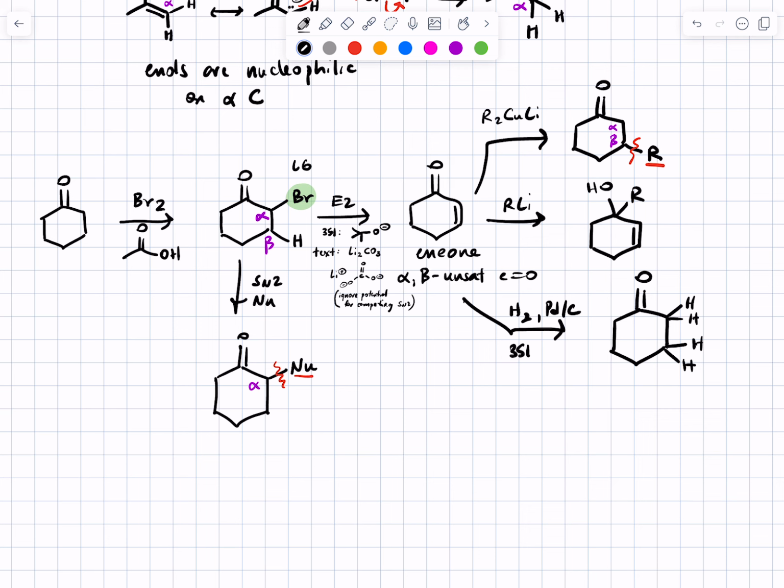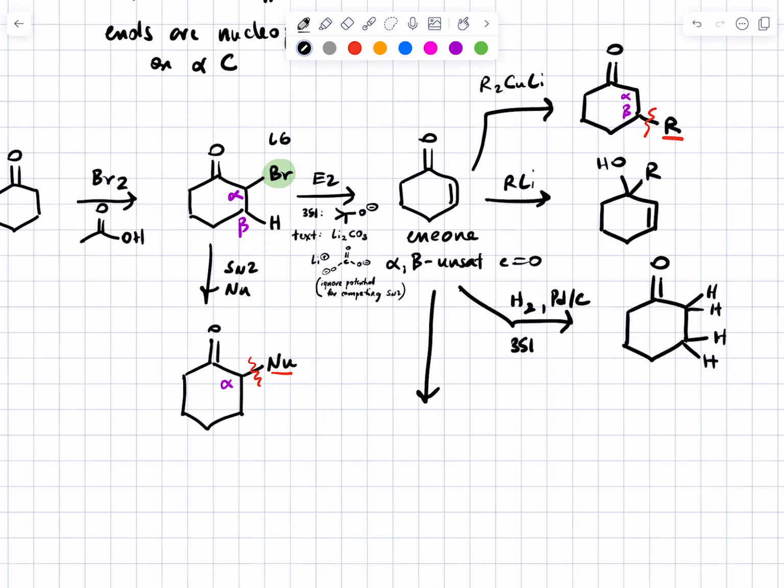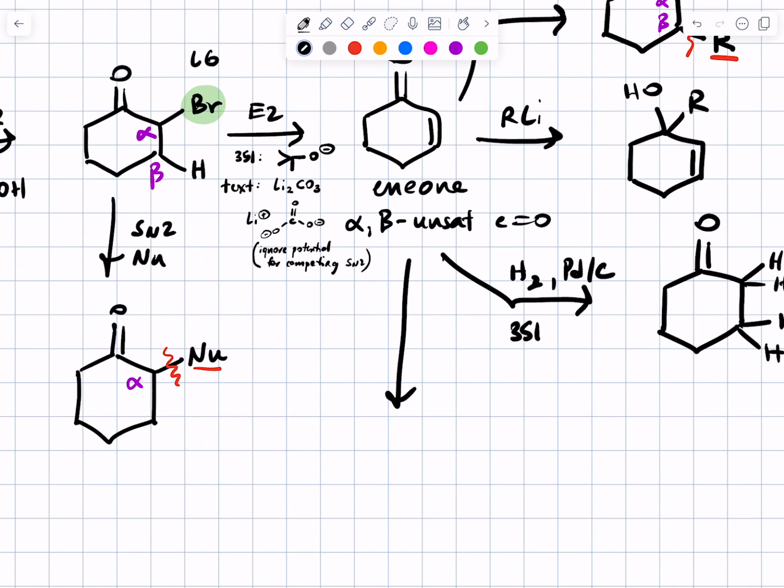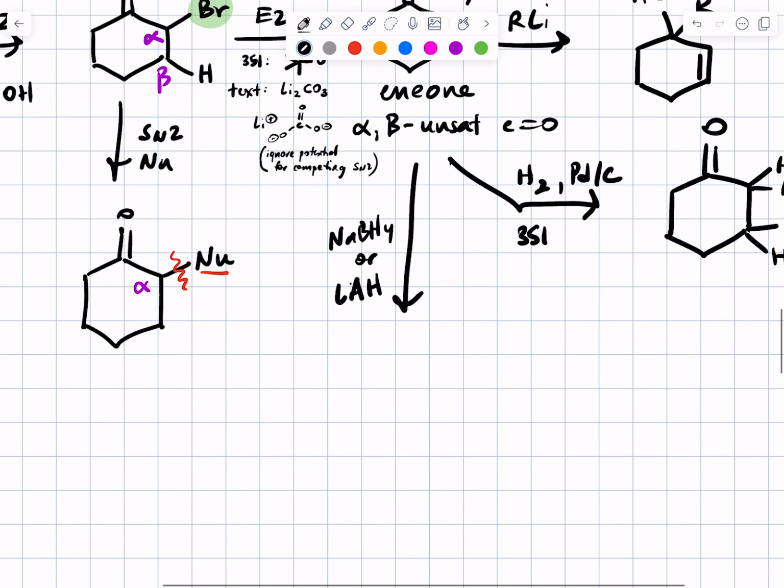Why you would do that, since that takes you all the way back to starting material, is beyond me. And then, if you wanted to reduce the ketone, you could use sodium borohydride or say lithium aluminum hydride, which I'm abbreviating as LAH, and that would give you the secondary alcohol.